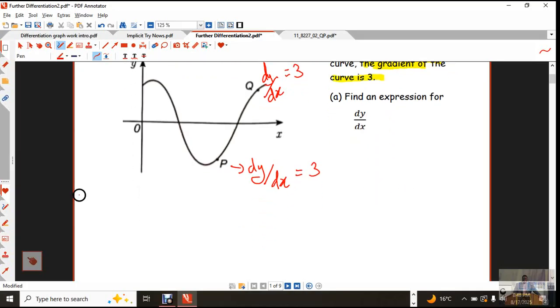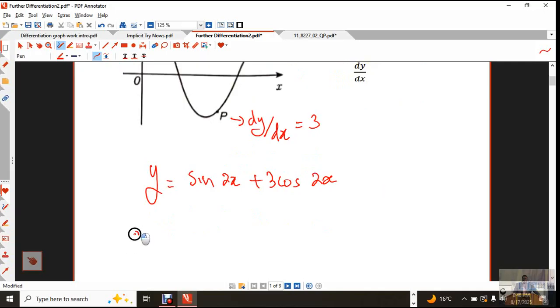Let me just write down the equation: y equals the sine of 2x plus 3 times the cosine of 2x. Then dy/dx, you can do separately. I think you should be familiar with how to find the derivative of the sine function, which is the cosine of 2x, multiplied by the derivative of the inside function 2x, which is just 2.